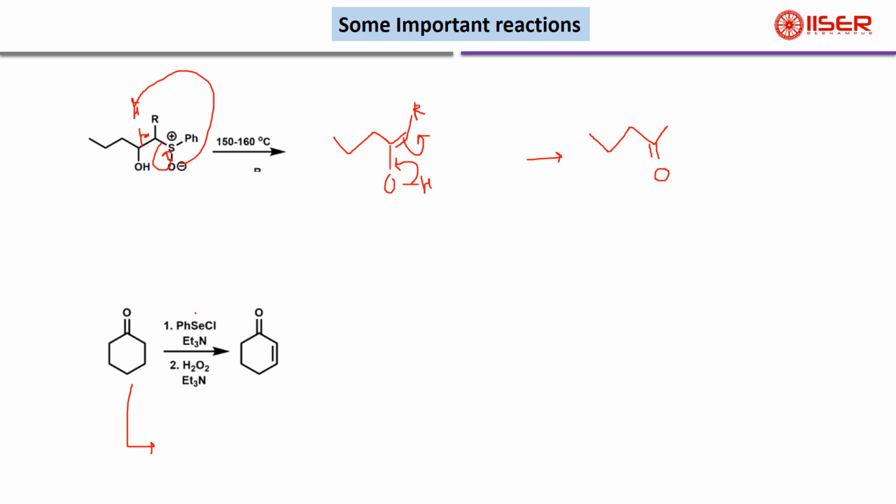First, this Et3N will take a proton from this alpha proton and generate an enol intermediate. Next is, this comes here.